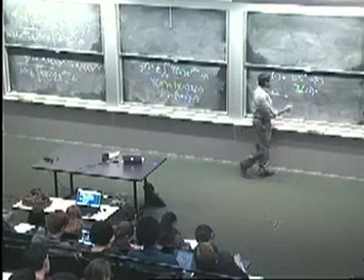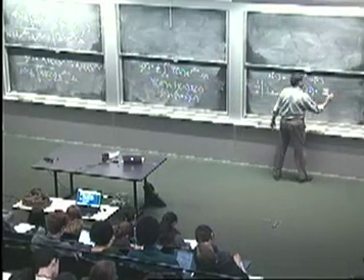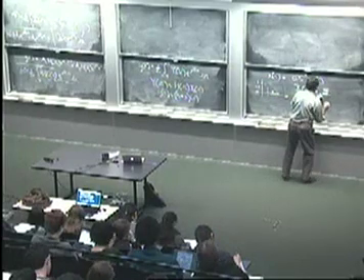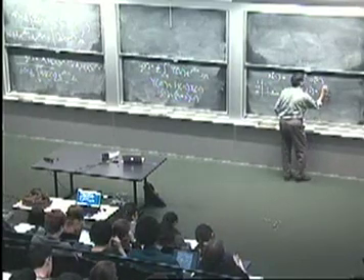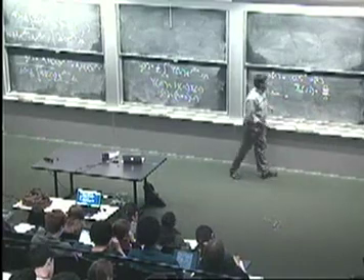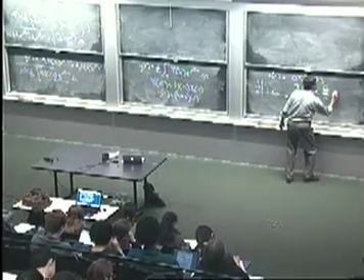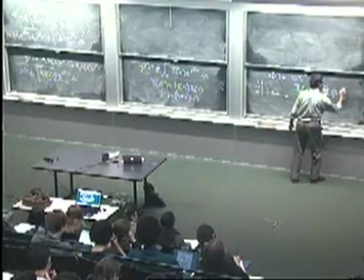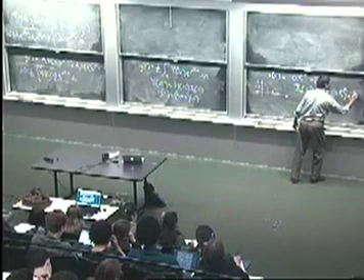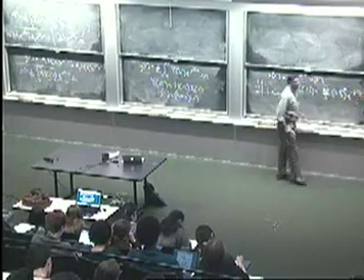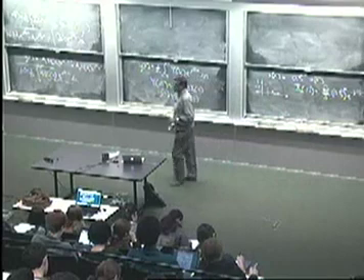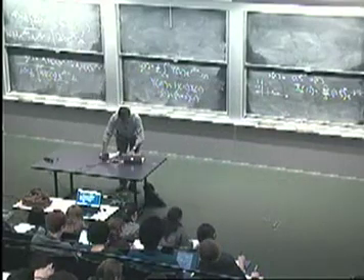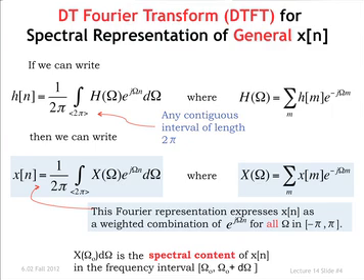DTFT? Well, you're going to sum from m equals minus infinity to infinity, but actually this only exists for non-negative time. So you're going to get 0.5 to the m, times e to the minus j omega m. Right? That's just the definition. I've just used the definition.